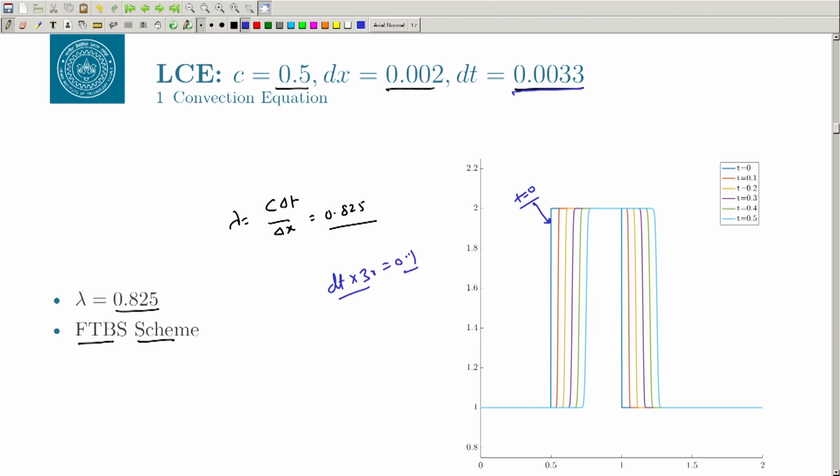So, this is not every time step, but every 30th time step I am showing the plot. And the grid size, as you can see, is very fine, it is 0.002. So, if your x max is equal to 2, I am using nx equal to 1001. It is a very fine grid.